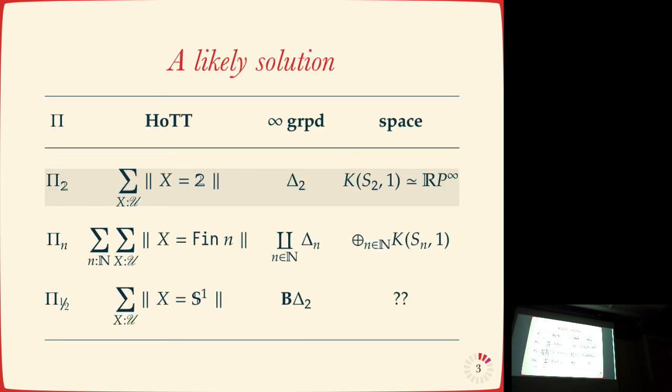So this is a possible solution. Okay, so on the left we have Pi and various fragments of Pi. The first one, Pi2, is a fragment of Pi which has reversible programs on 1 bit. Pi n is reversible programs on finite bits. Pi half is something called a fractional type, which is half a bit, but I won't go into that.